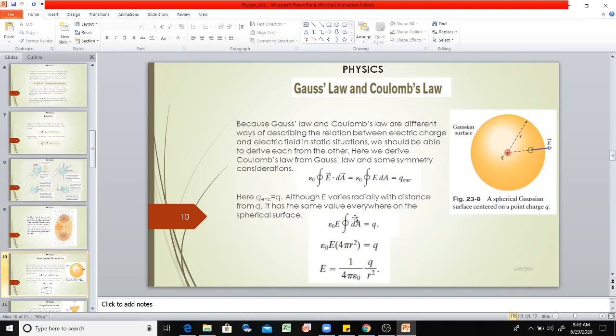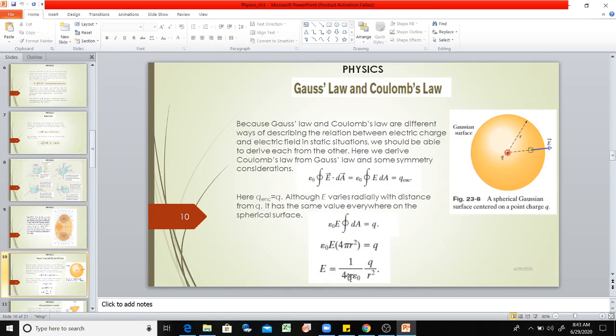So epsilon naught E closed integral dA equals Q. The total surface area of a sphere is 4 pi r square, so epsilon naught E 4 pi r square equals Q. And from here we can calculate the value of E.